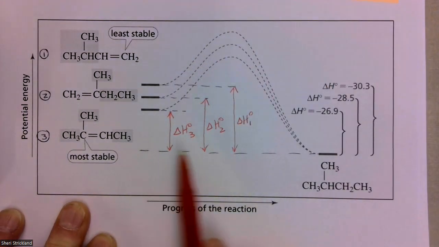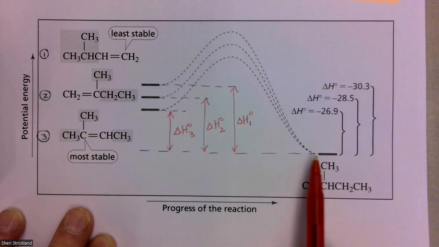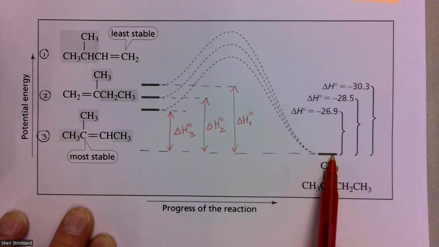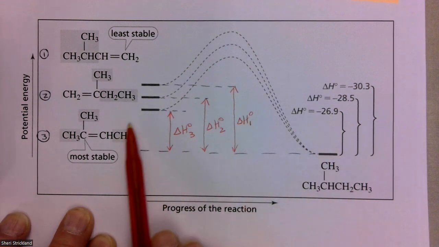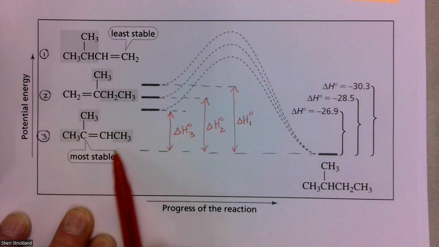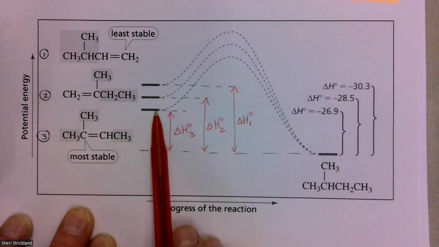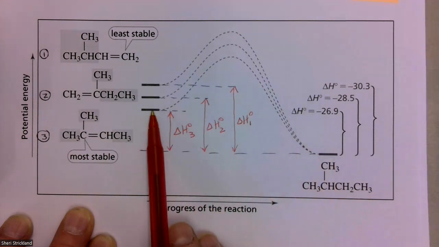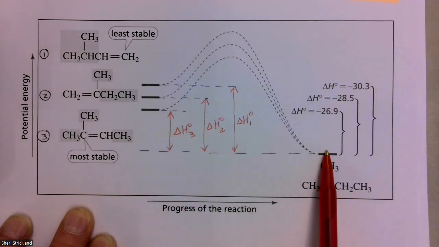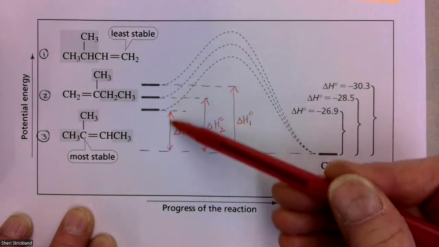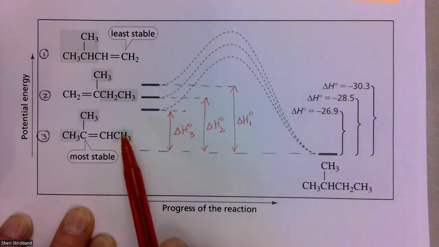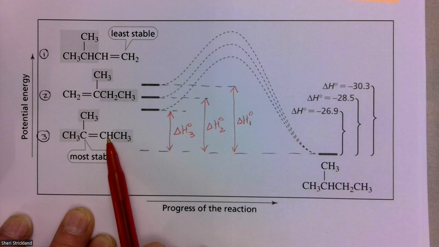Okay, so since they all go to the same place, we can see that this one had to be the most stable because we've got the smallest gap between the energy of the reactants and the energy of the products right here. And the only way that can happen is if this is the most stable alkene.